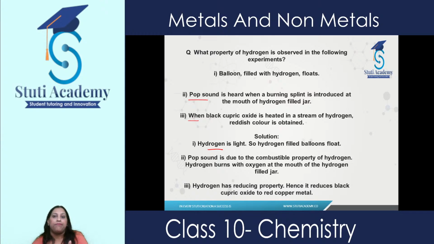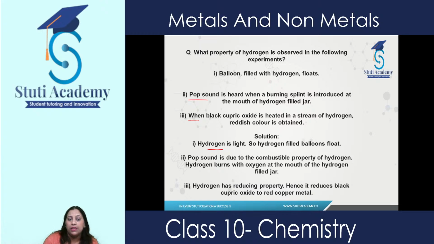It means it is a combustible property of hydrogen. So hydrogen burns with oxygen at the mouth of the hydrogen filled jar. When hydrogen gas is liberated and we bring a burning matchstick near it, that pop sound indicates the presence of hydrogen gas, which acts like a combustible gas when it combines with oxygen.